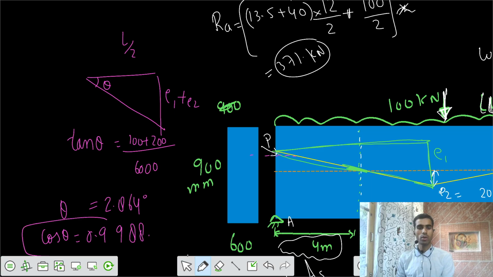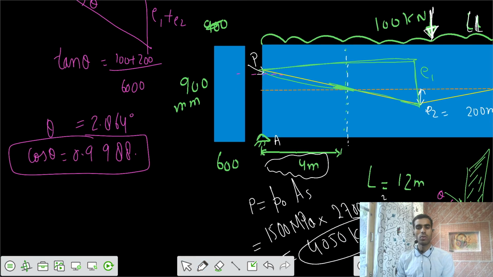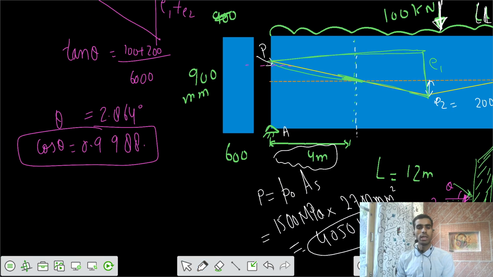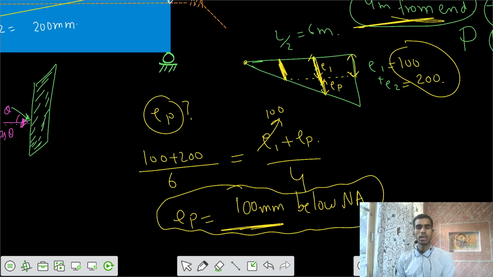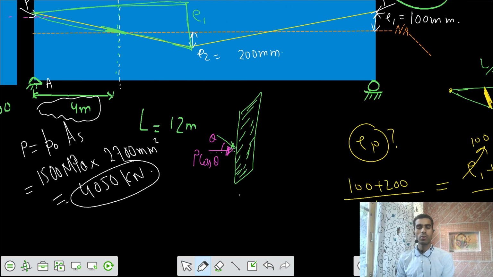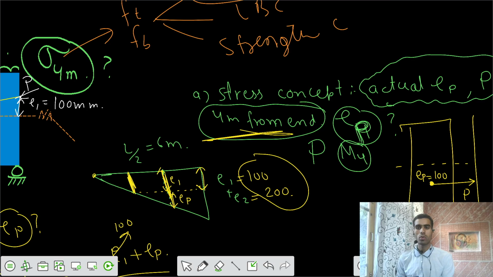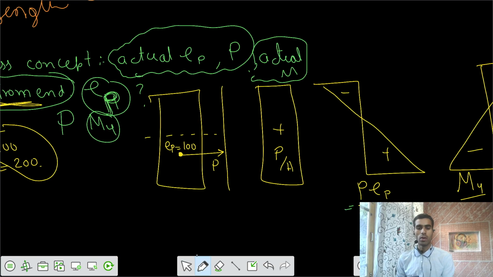If you still want to calculate the stresses on this value, let's try P cos theta with 0.9988. That means I have to solve for the values of P cos theta, not the values of P. For the actual calculations, your horizontal force is actually P cos theta, so your stress would correspond to P cos theta.